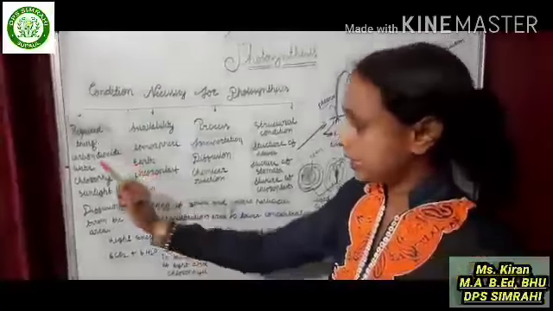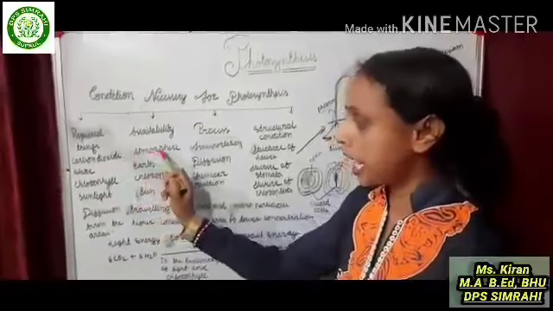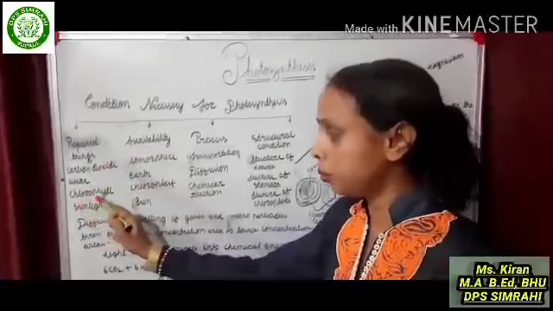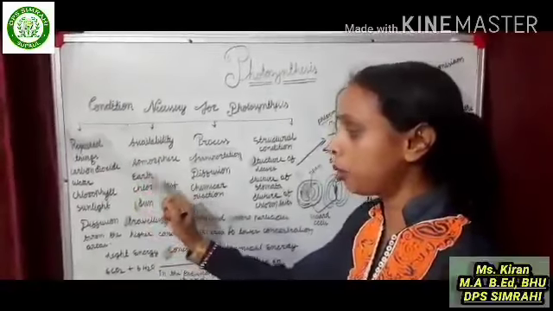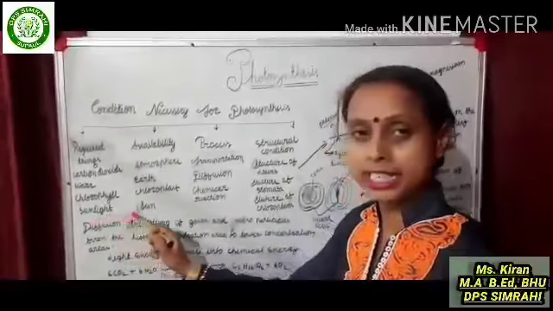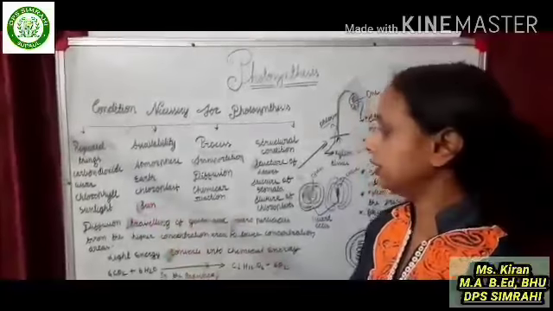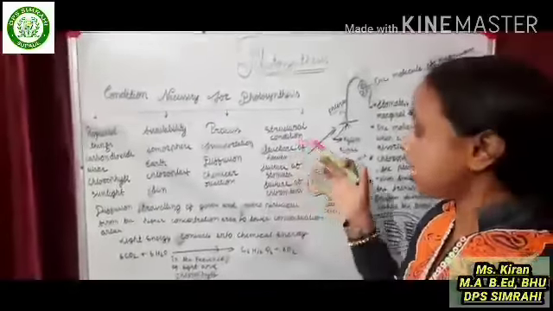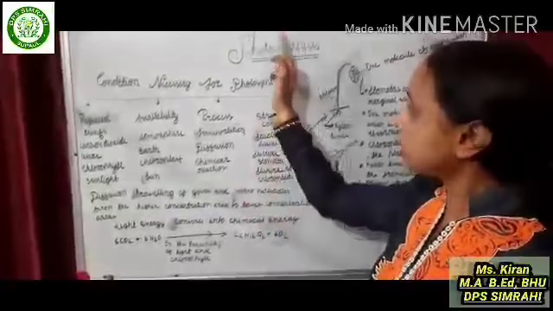I repeat, they get carbon dioxide from the atmosphere, water from the earth, chlorophyll from the chloroplast and sunlight from the sun.